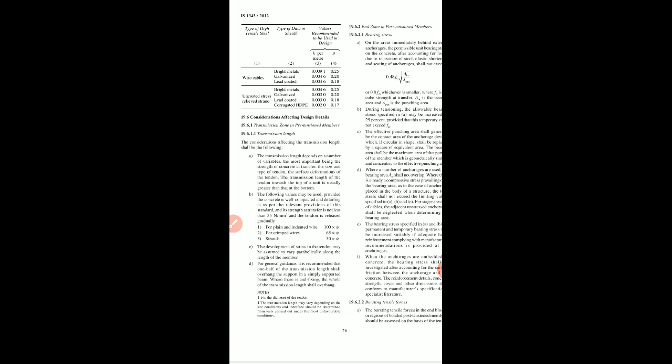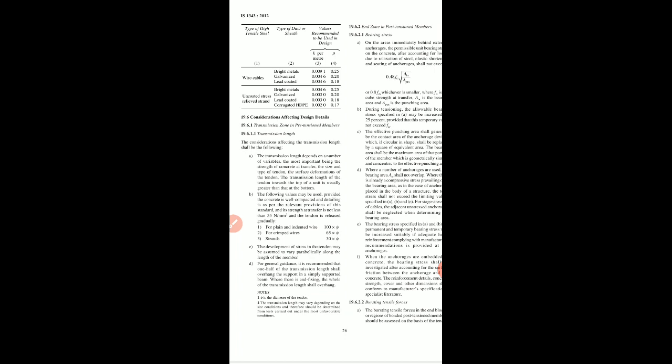Transmission length needs to be calculated to check the adequacy of pre-stress in the tendon over the length. The section with a high moment should be outside the transmission length so that the tendon retains at least the design effective pre-stress FPE at the section.